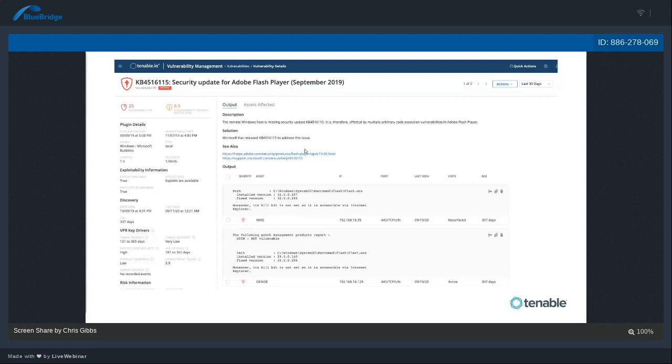So you can sanity check, you can verify, does the patch management tool think the system needs patching or not? So it's not just us saying, yep, here's everything, this is what it is. You can verify against a patch management tool to see, is it reporting the right information?